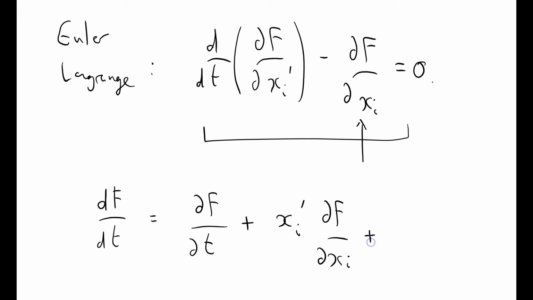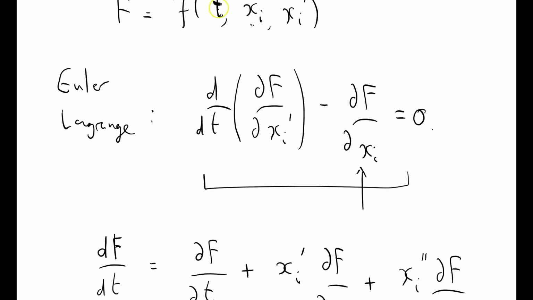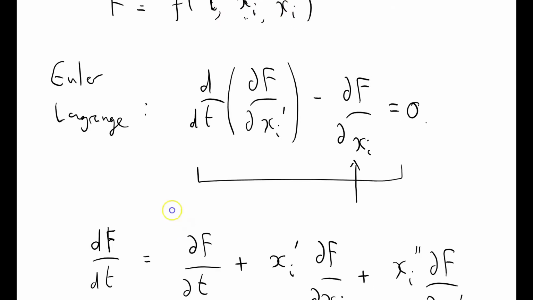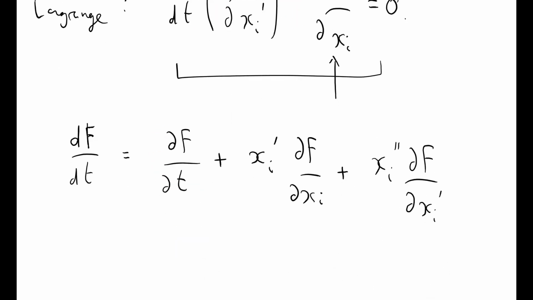Well, it is. Plus xi dash dash di f di xi dash. And all I'm doing is pointing out that if I want to know how this function f changes with respect to t, I've got to account for this term and this term and this term all together, and that's how to do that.